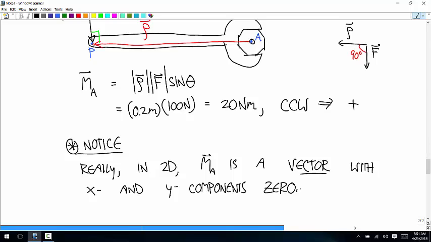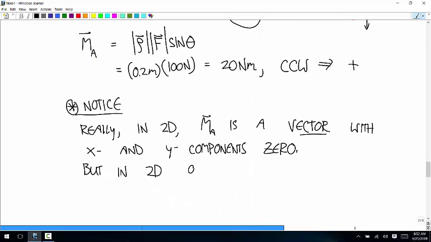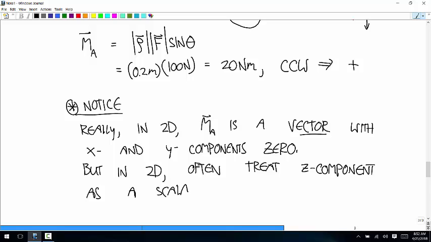But since there's only one non-zero value, a lot of times we get sort of sloppier to save time or whatever. We write it as a number, like a moment is a number. But in 2D, what you'll often see and often do is treat the z component as a scalar, as a number.